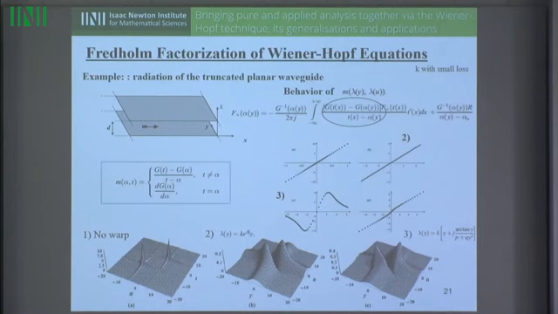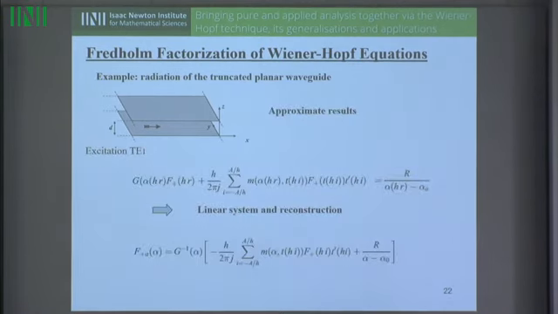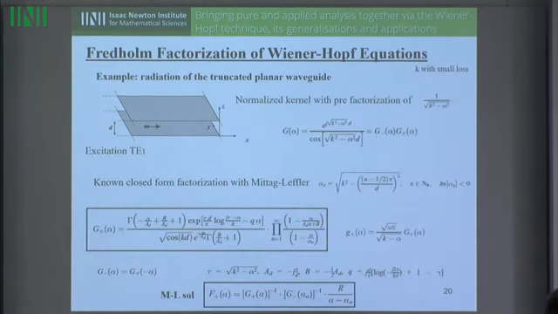Can I just comment also about you're comparing it against the exact solution? Your exact solution is solved approximately because you have to truncate. Yes, that's true, you're right. In this case, I think we got 200 terms. You're right.